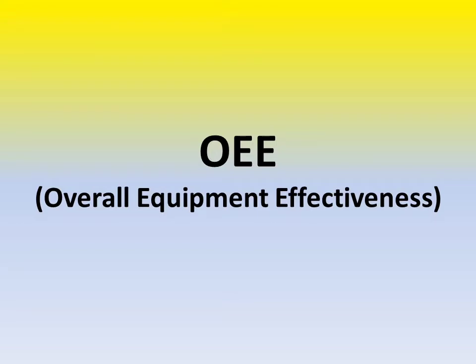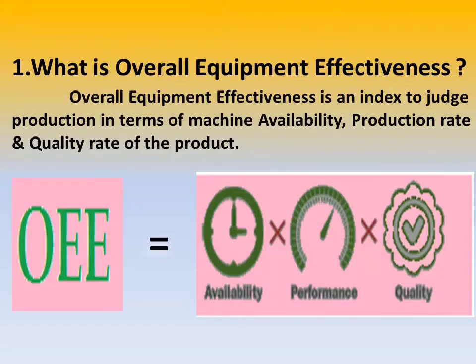Today in this video, I will give a brief introduction about overall equipment effectiveness, OEE. What is overall equipment effectiveness? Overall equipment effectiveness is an index to judge production in terms of machine availability, production rate and quality rate of the product.